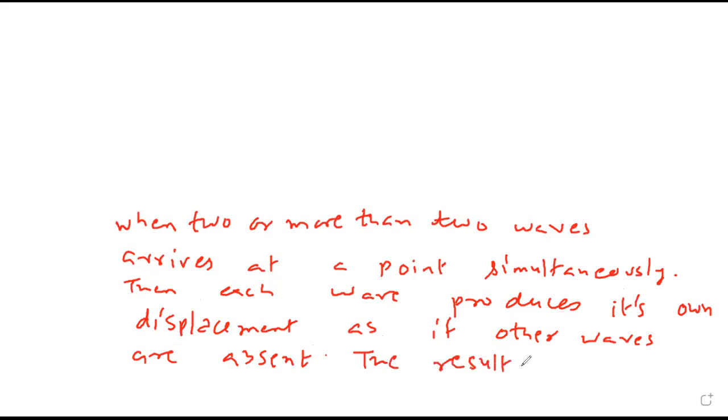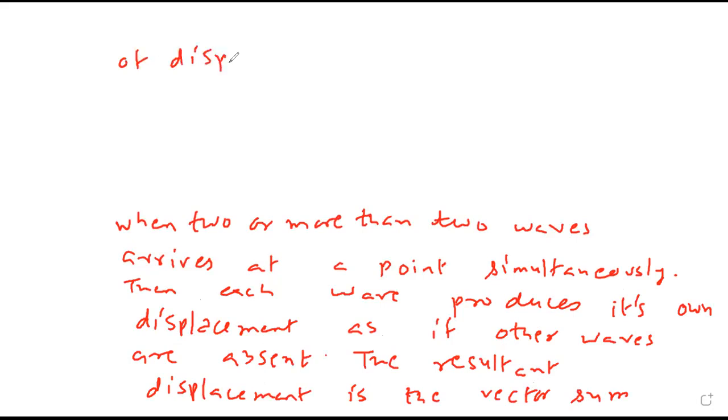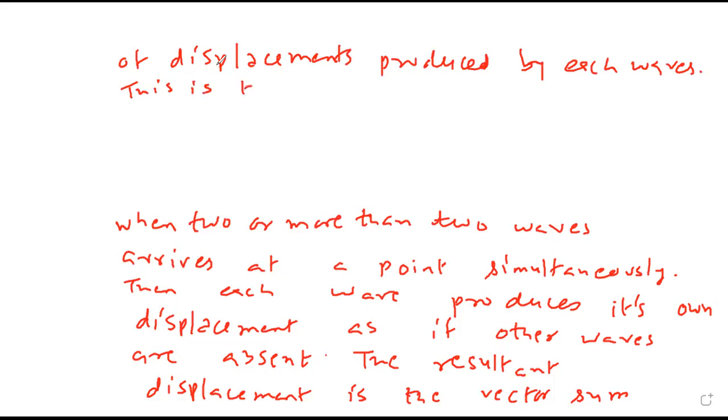The resultant displacement is the vector sum of displacements produced by each wave. This is known as the principle of superposition of waves.